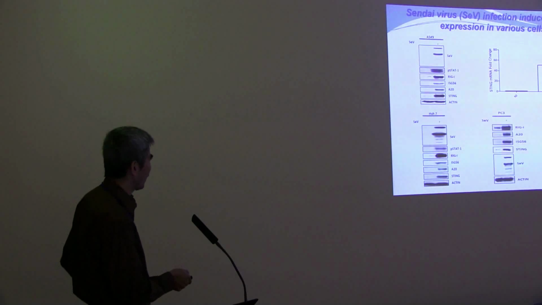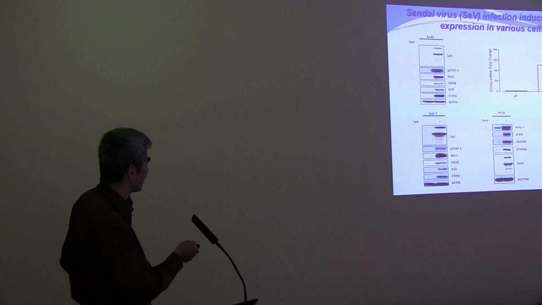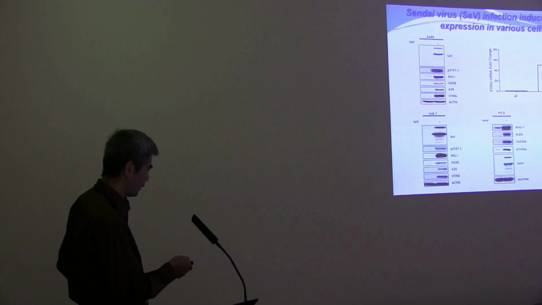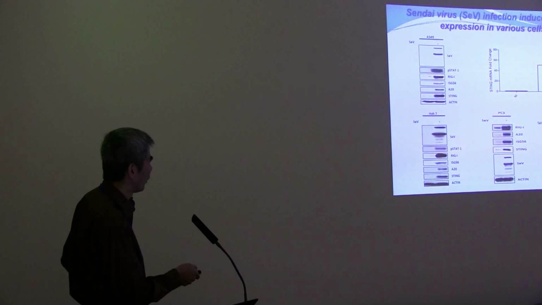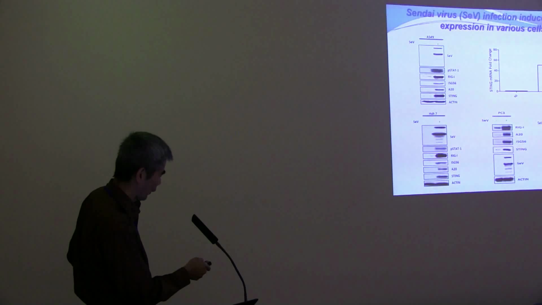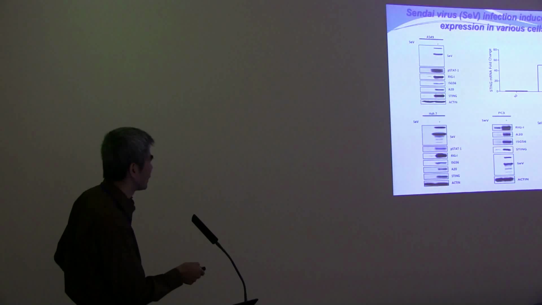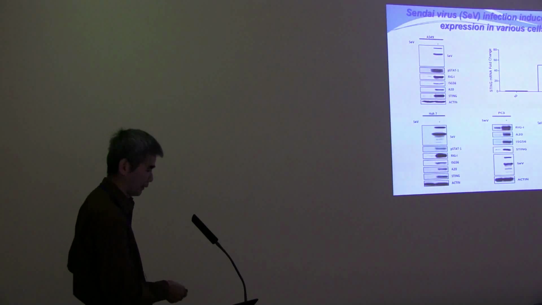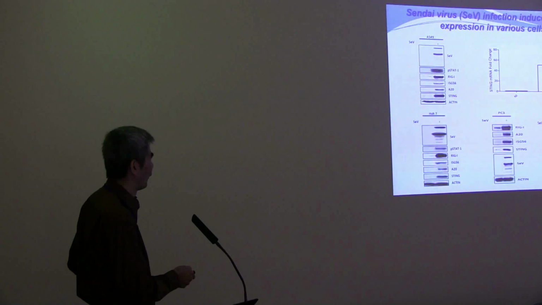In other cell types, such as liver cell Huh7, prostate cancer cell line PC3, and also U87 cell, RNA virus infection can induce STING expression.